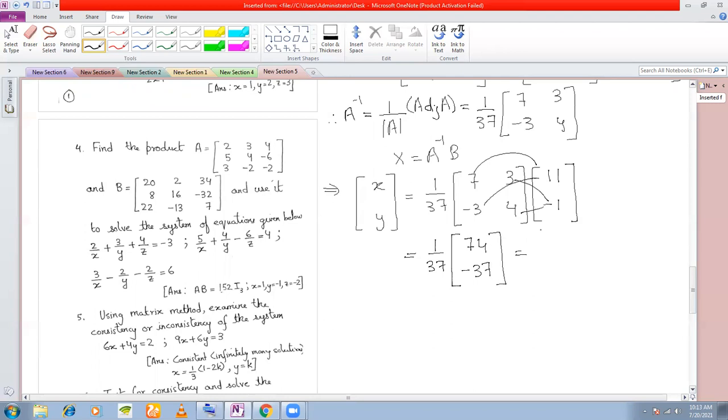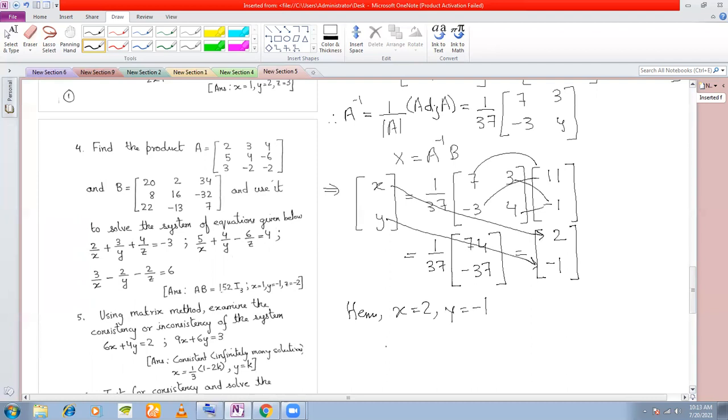So you multiply 1 by 37 with 74, you will get 2. And you multiply 1 by 37 with minus 37, you will get minus 1. So what are you getting? You're getting x is equal to 2 and you're getting y is equal to 1.